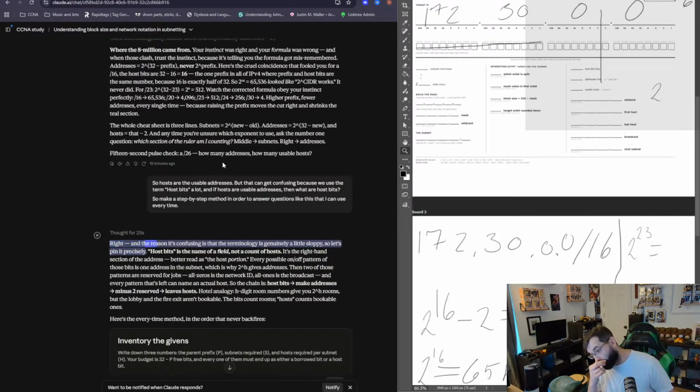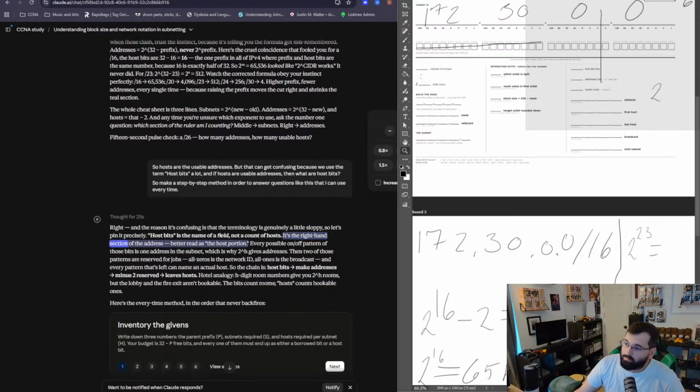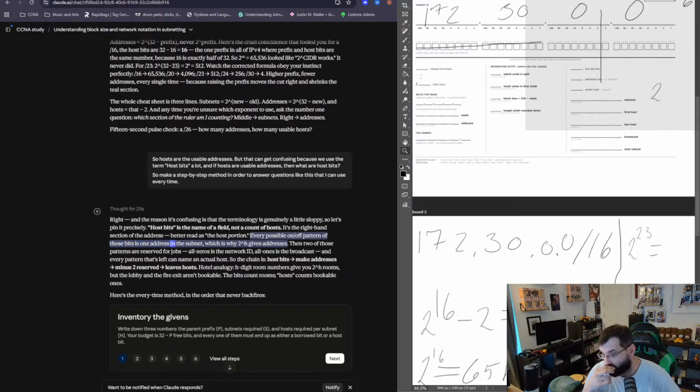Right. And the reason it's confusing is that the terminology is genuinely a little sloppy. So let's pin it down. Host bits is the name of a field, not a count of hosts. It's the right-hand section of the address, better read as the host portion. Every possible on-off pattern of those bits is one address in the subnet, which is why 2 to the power of h gives addresses.